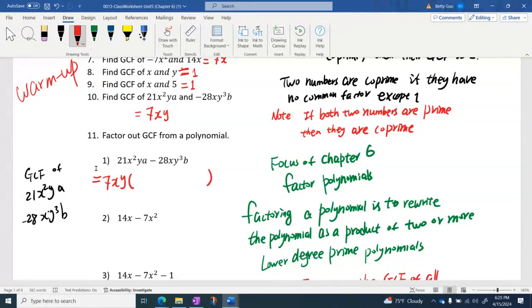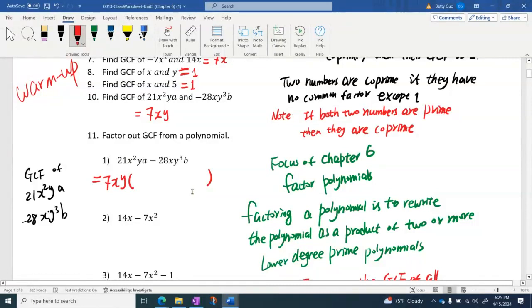A parenthesis means we are going to multiply the GCF by what's in the parenthesis. And in the parenthesis, we are going to have exactly the same number of terms as the original given polynomial. The original polynomial is a binomial, two terms, so we are going to also have two terms in the parentheses.